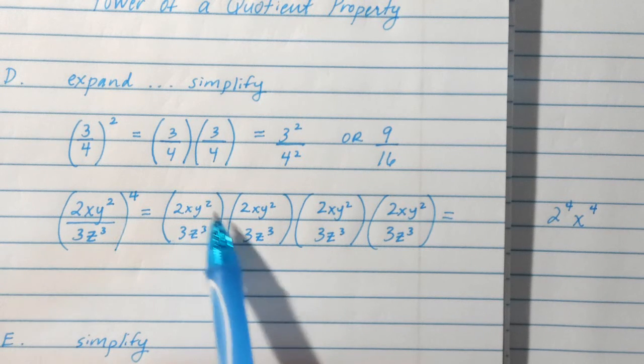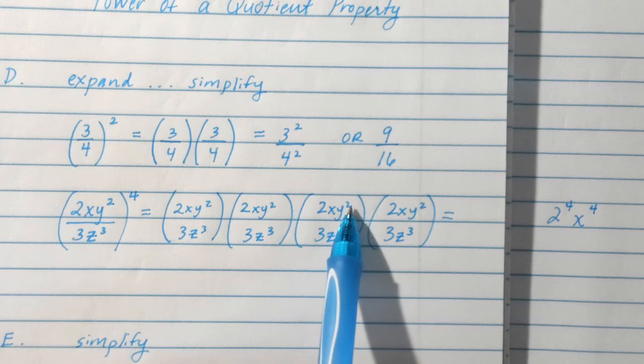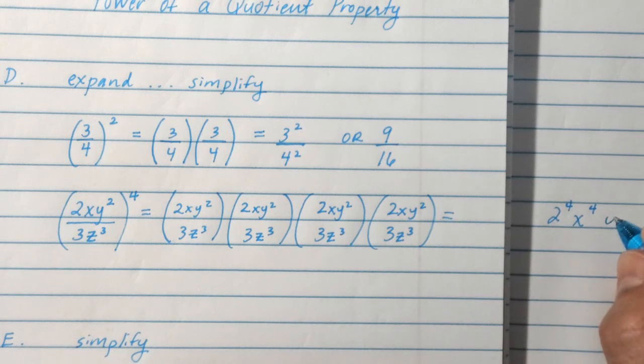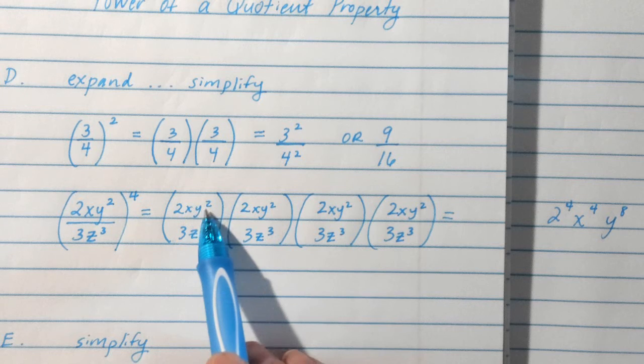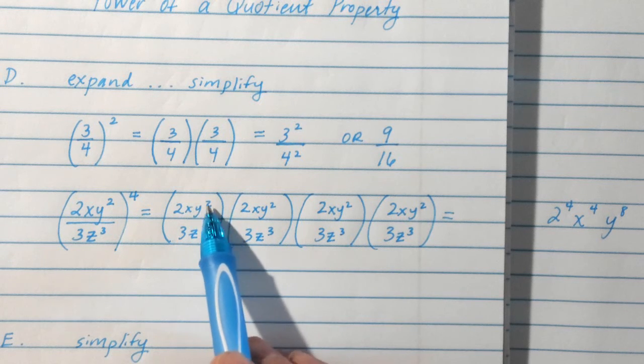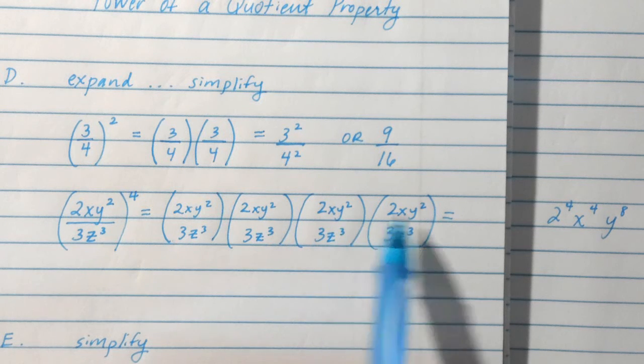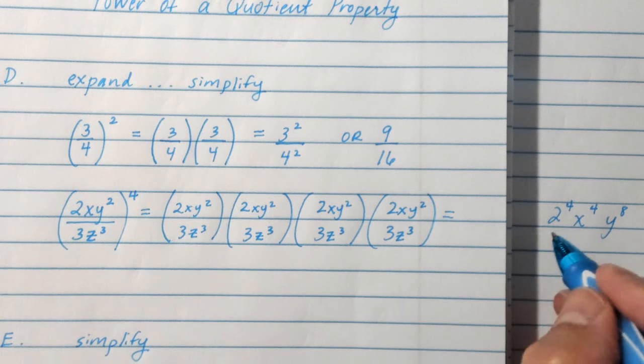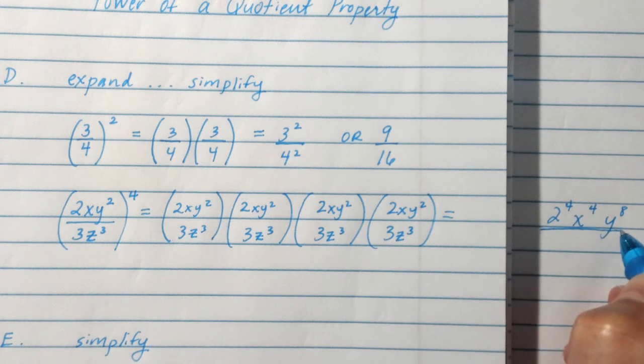And then you get y squared times y squared times y squared times y squared, which is y to the 8th. Yeah? Because remember, y squared really means y times y. So you got y times y, y times y, y times y, y times y. All together, 8 y's. Okay? So that's the top.